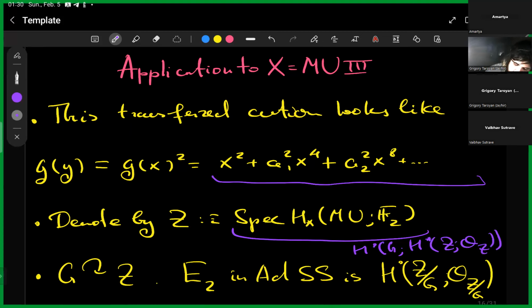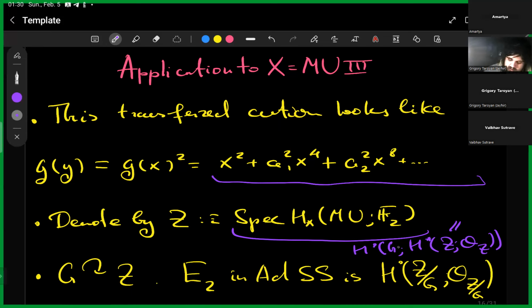So since this is just the ring of polynomials, we get what we want, and then this equality is just purely formal, basically.